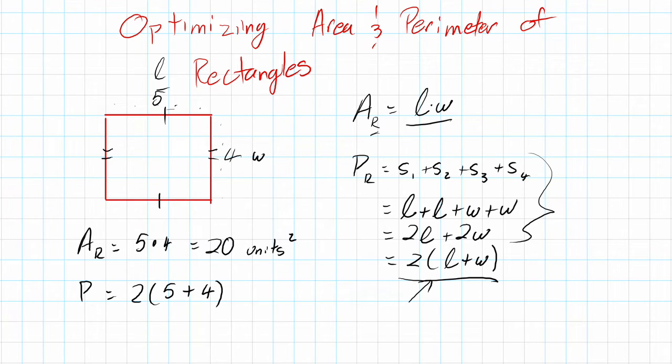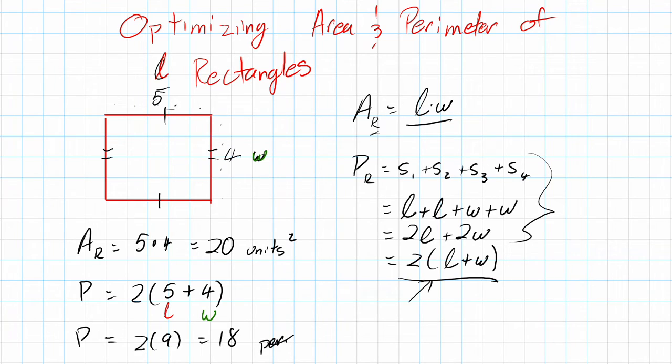So in this case, we got 2 times 9, which will give us 18. Okay, so we'll call it a perimeter of 18.